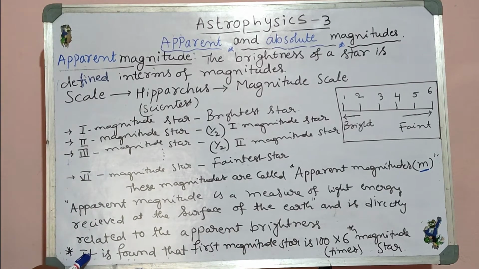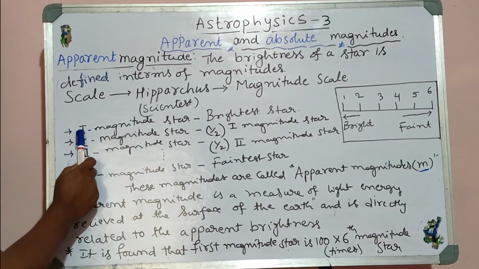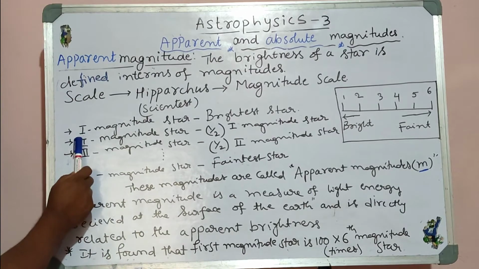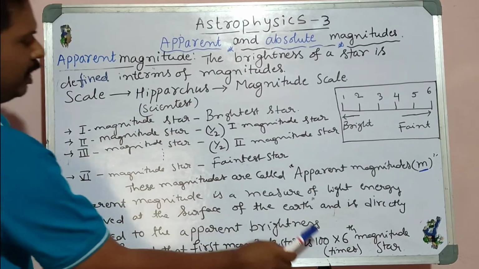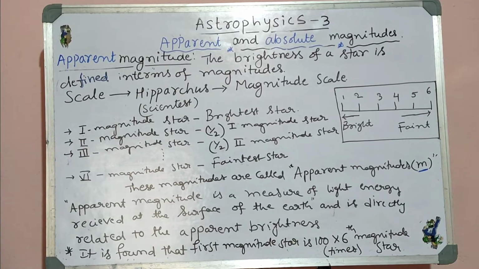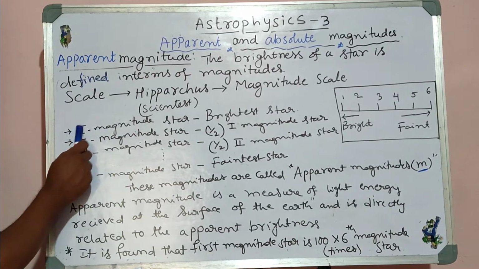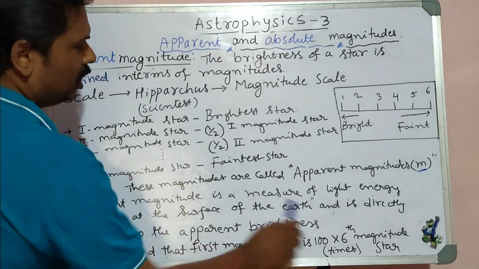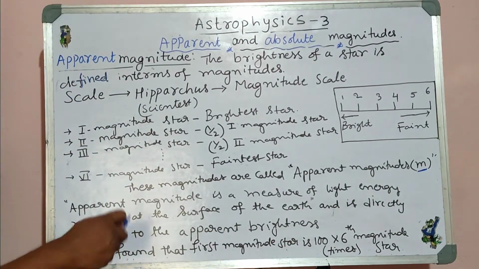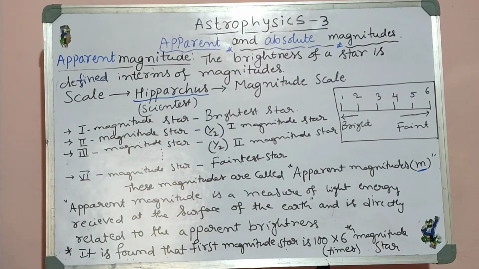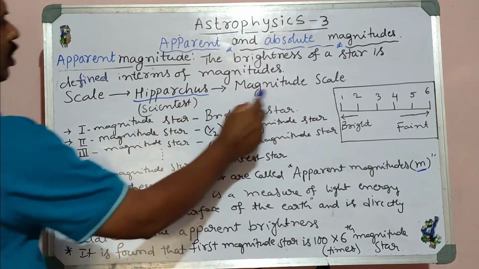It is found that the first magnitude star is 100 times the sixth magnitude star. Therefore, we can say that the first magnitude star is 100 times the sixth magnitude star. Hipparchus, an astronomical scientist, first devised the magnitude scale.